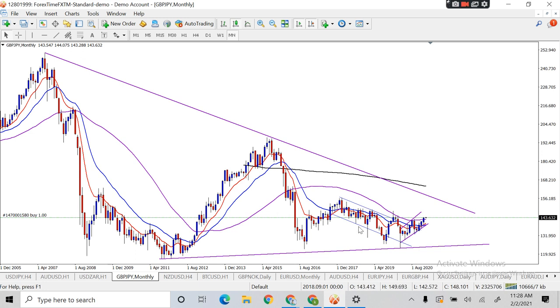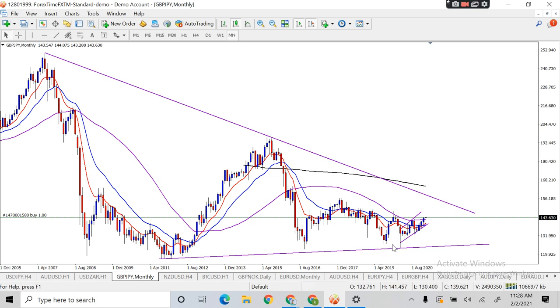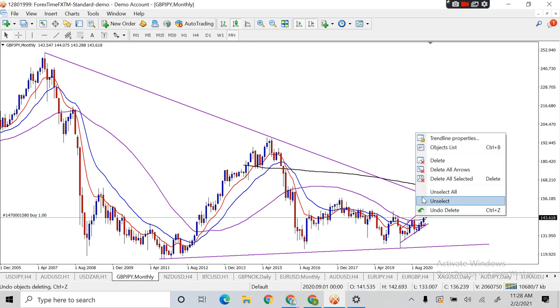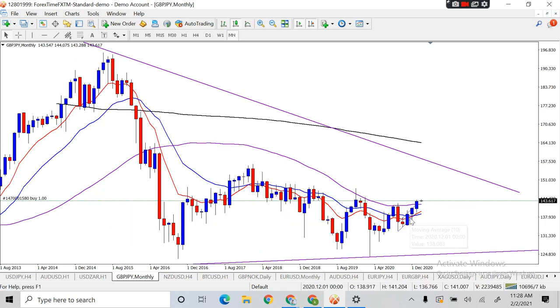I hope you can understand the lines. Let me reduce some of it. Okay, let me reduce this also. Okay, so the chart is clean.